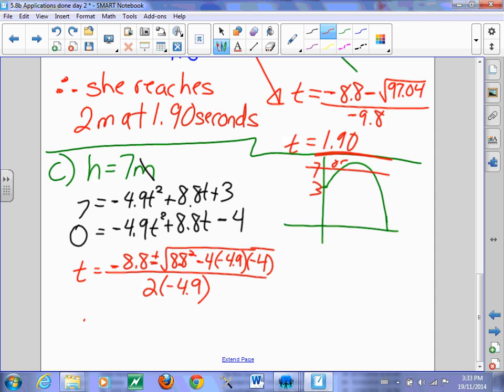Sorry, I got to fix that, I want to try to be neat. Simplify your square root with your calculator, and you're going to get a value of negative 0.96 divided by negative 9.8.